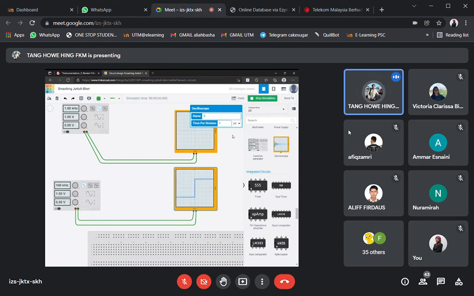Apparently it is not enough. I think it needs to be 10 microseconds. It seems like I need to change this one. It has to be a sine wave.